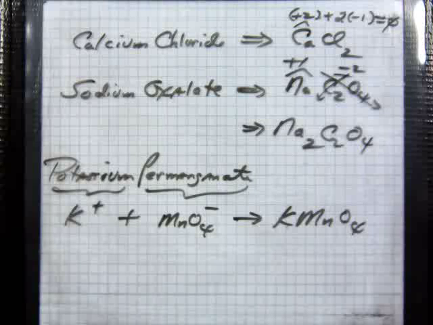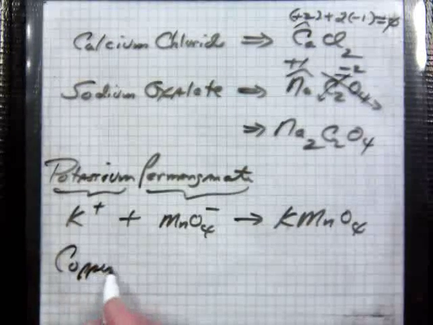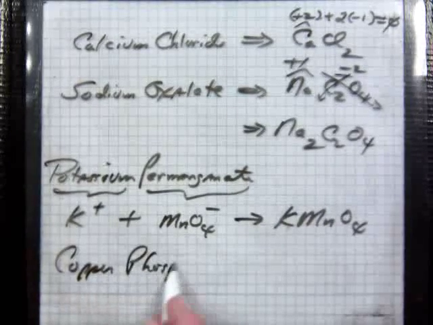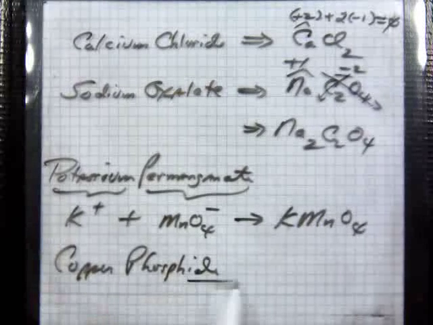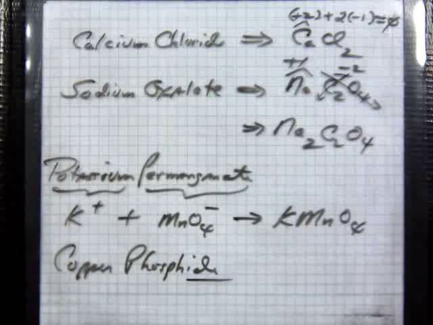Oh, how about copper phosphide? Now, phosphorus is the name of the neutral form.